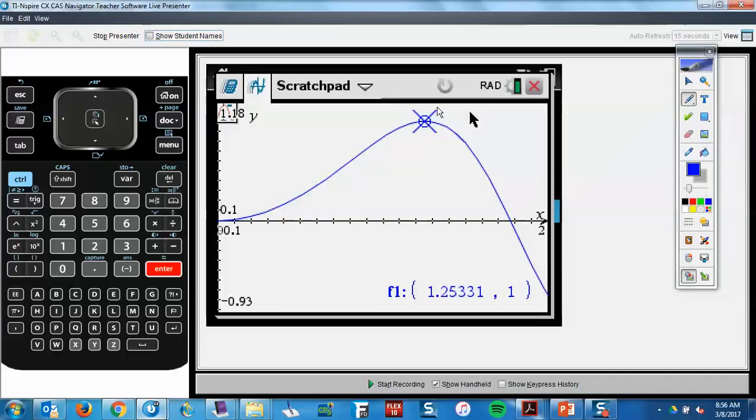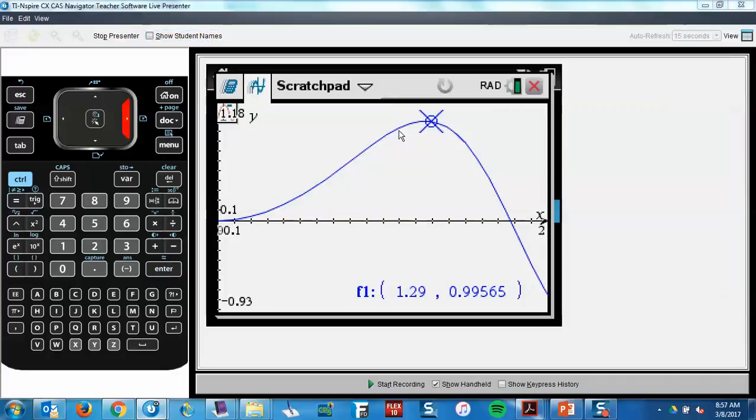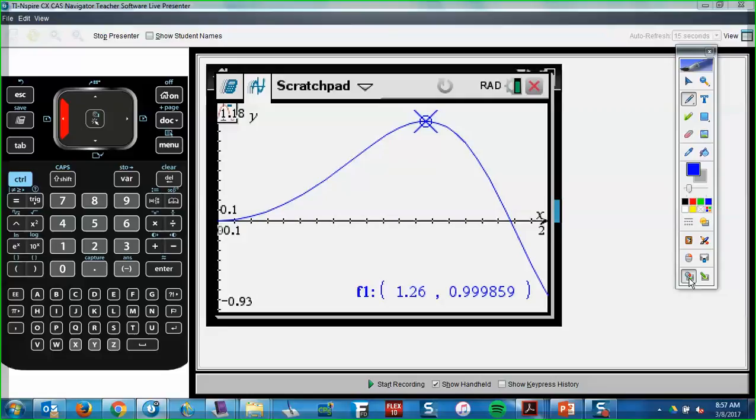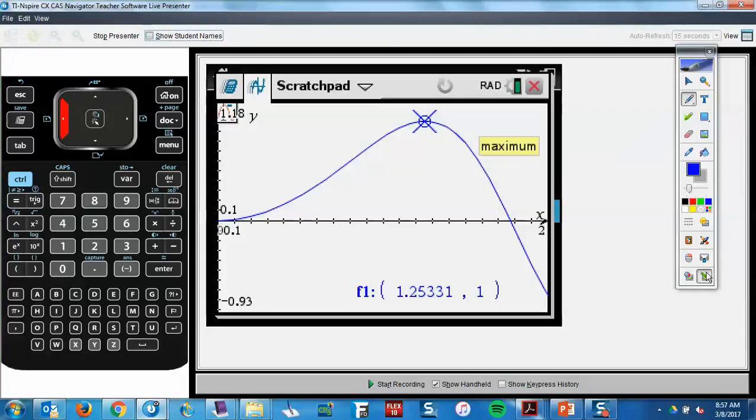Okay, 1.253. Right there, at 1.253, we've got our match.